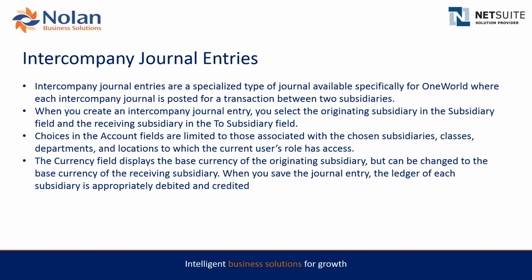So intercompany journal entries in NetSuite are a specialized type of journal entry available specifically for OneWorld accounts, where each intercompany journal is posted for a transaction between two different subsidiaries. When you create an intercompany journal entry, you will select the originating subsidiary in the subsidiary field and the receiving subsidiary in the to subsidiary field.